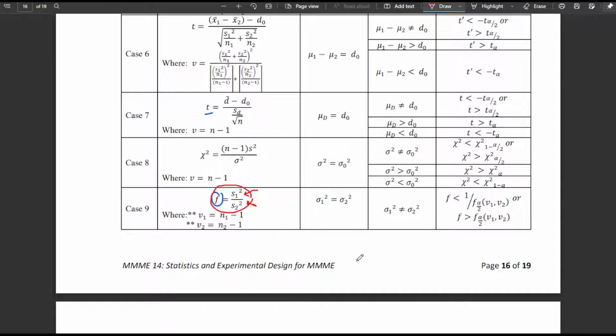Okay, so for the common notation, so that you don't get confused, one thing you can do is instead of using S1 squared over S2 squared, you can actually use Sn squared over Sd squared to indicate the numerator and denominator. Then this is Vn and this is Vd, and this is Nn minus 1 and Nd minus 1, just to signify that 1 is the numerator and this is the denominator. This is optional.